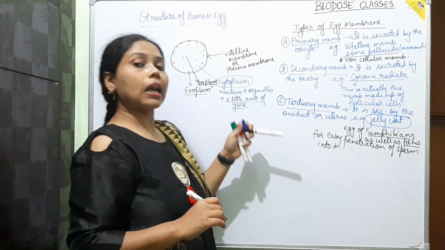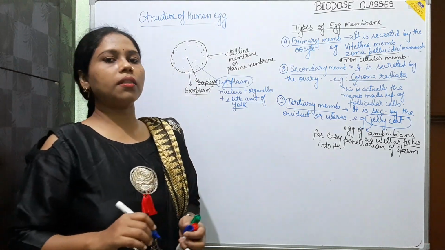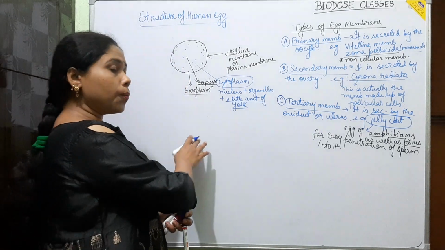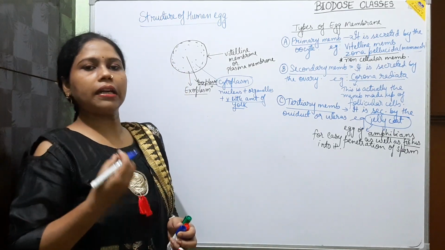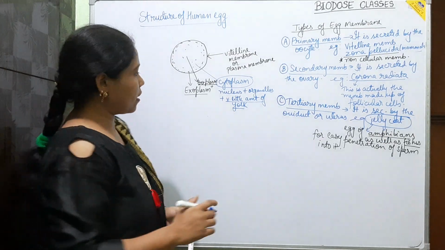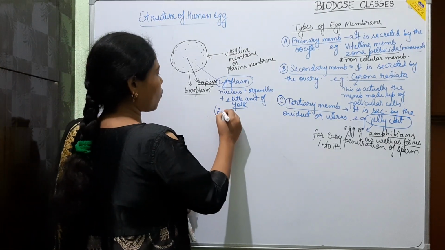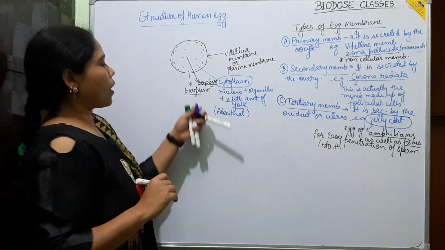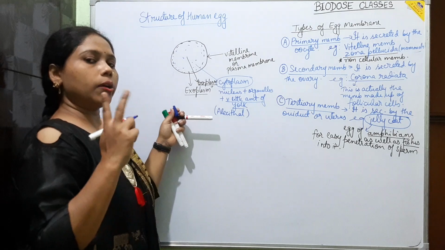When we classify eggs on the basis of amount of yolk, human eggs have a very little amount of yolk, hence they are known as alecithal eggs.